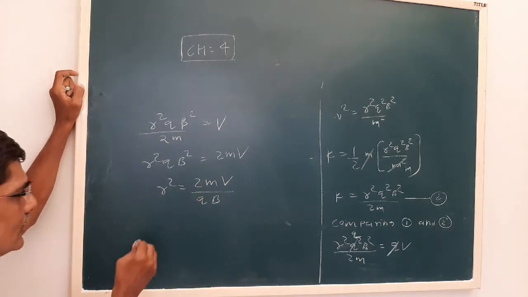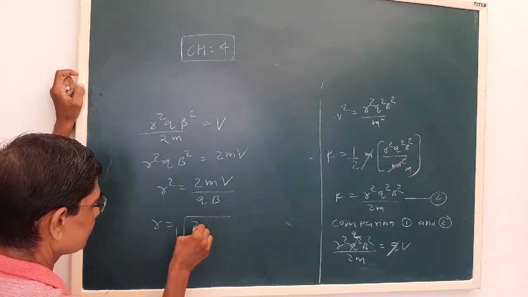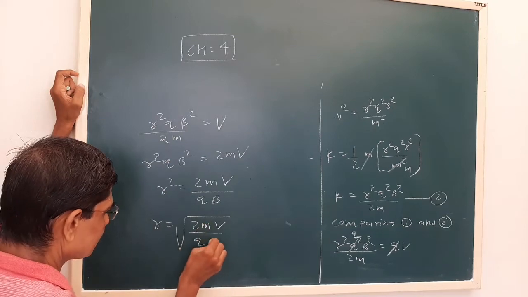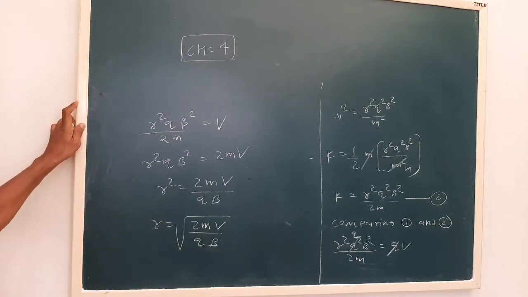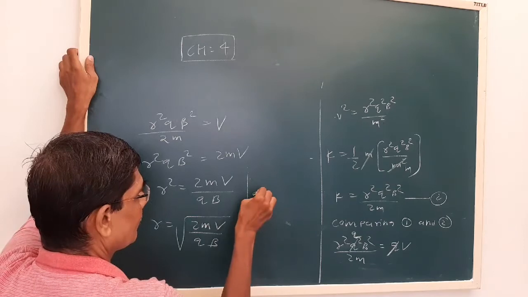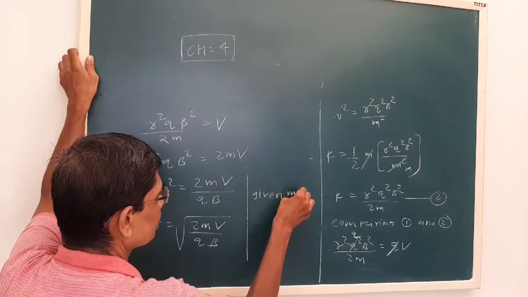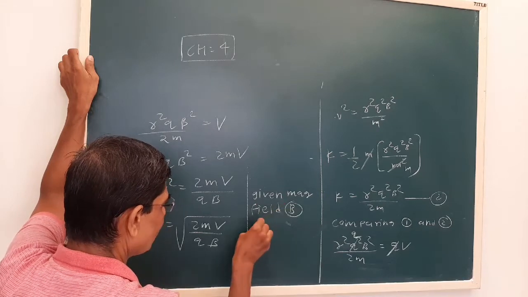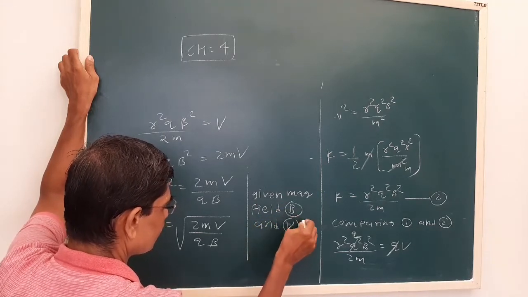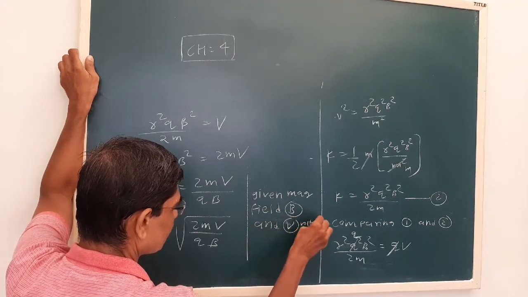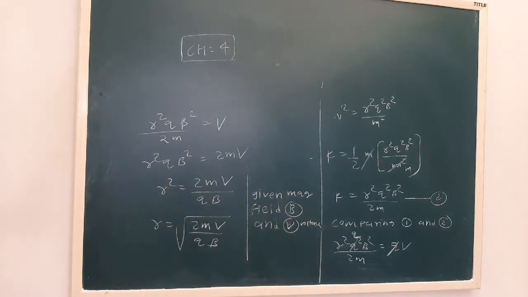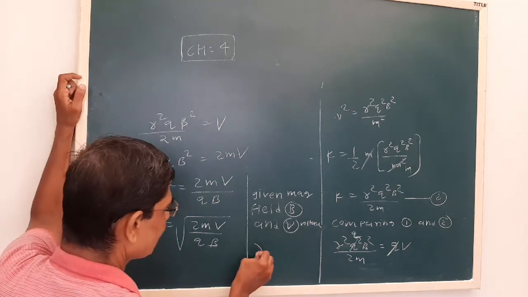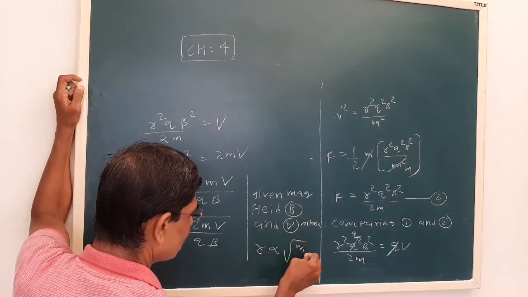Okay, so r is equal to, now see for a given magnetic field B and voltage V. Okay, see for a given magnetic field and a voltage, R will be proportional to root of m upon q.